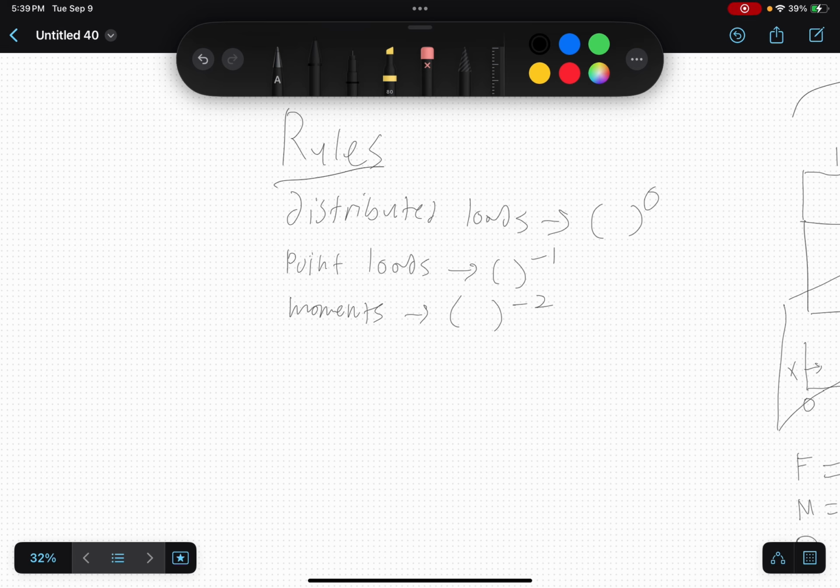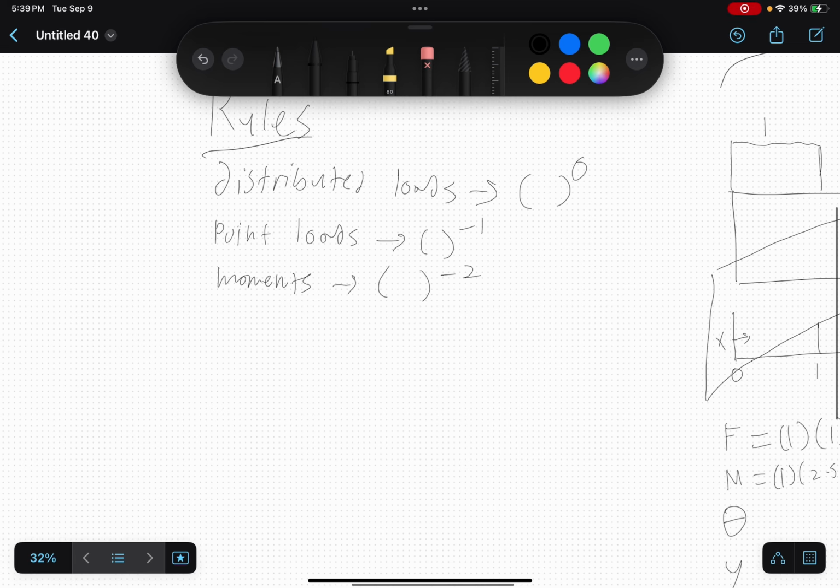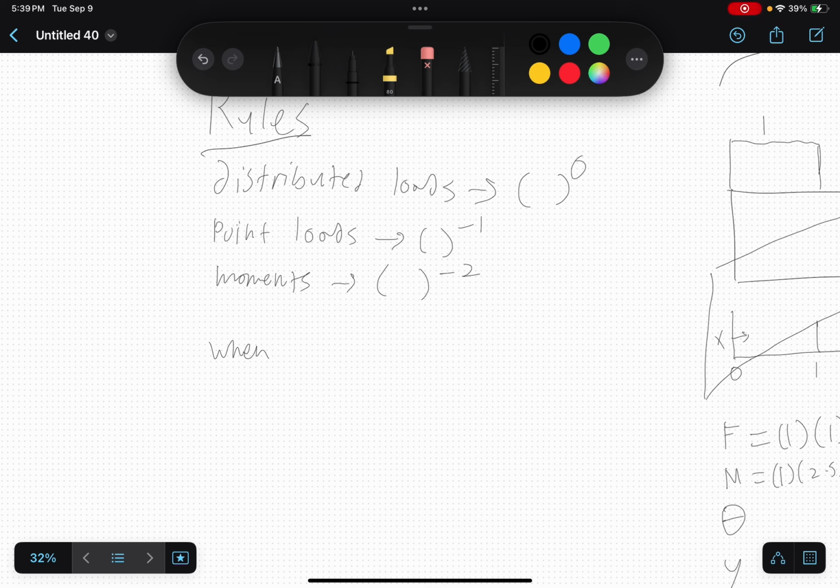Now the math rules. When you integrate, I'm gonna dot these. Negative number exponents: don't bring down the negative or the number.